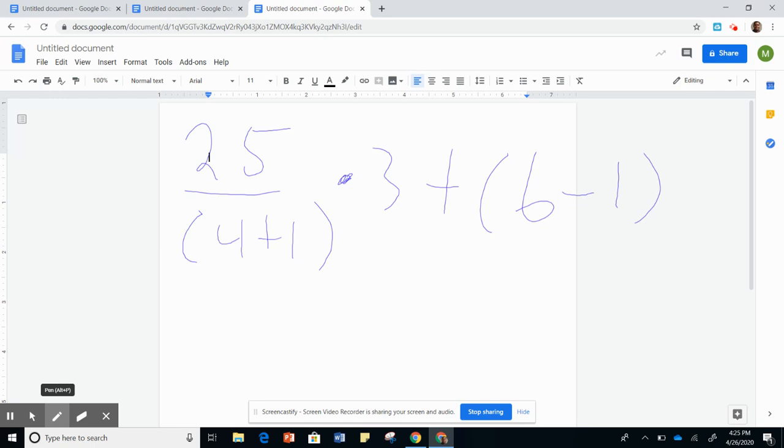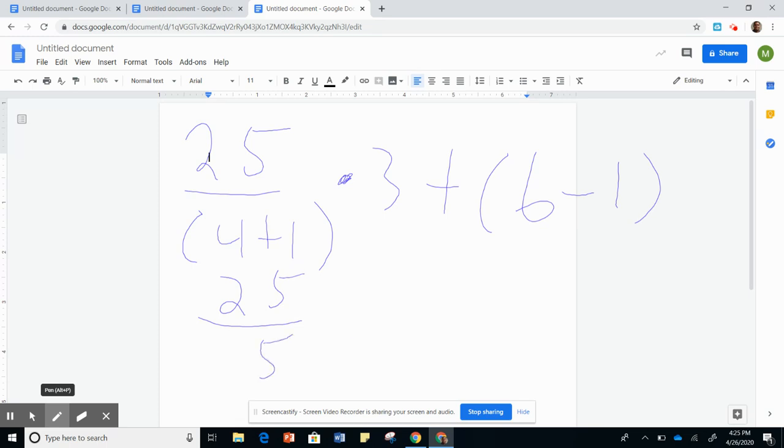So first rule is parentheses. Since you have 2 parentheses, you can decide which parentheses you want to start off first. So let's do the bottom. So we're going to bring 25 down, divided by the parentheses. 4 plus 1 is 5.